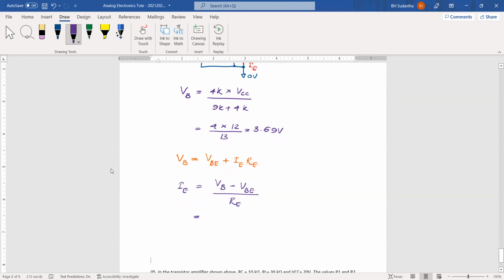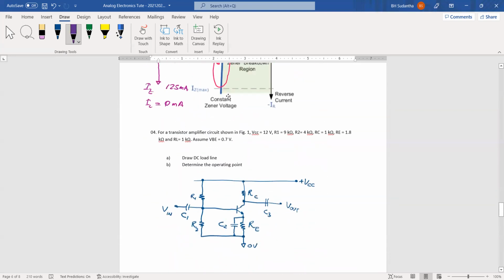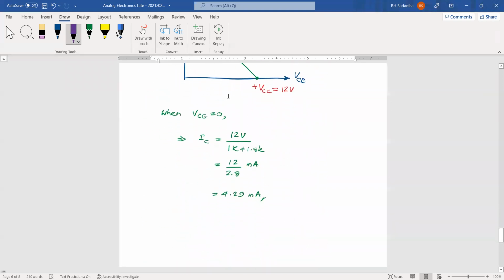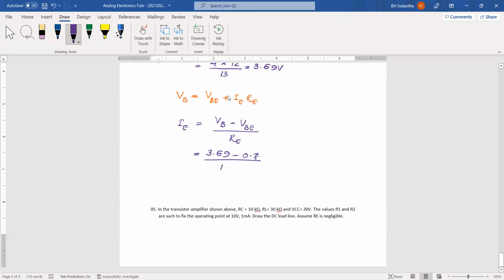VB is 3.69 minus 0.7. This RE, how much? RE is 1.8K.